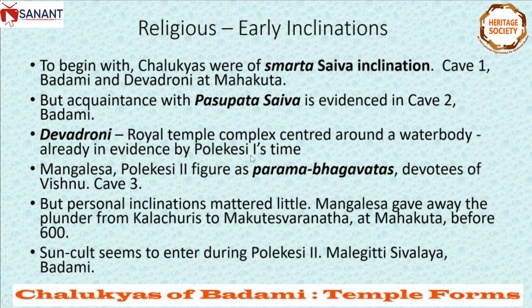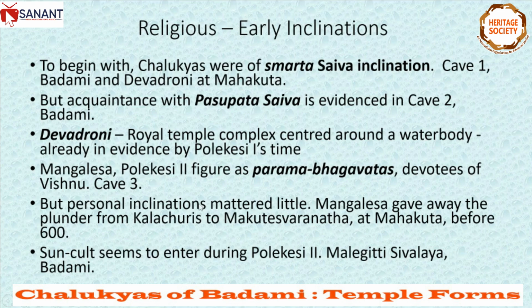Like, for example, we have Mahakuta, where we have an inscription of Mangalesha mentioning the Devadroni itself. And these are very significant sites for the Chalukyas because they had direct affiliations with them. They were bound to them in one way or the other directly.